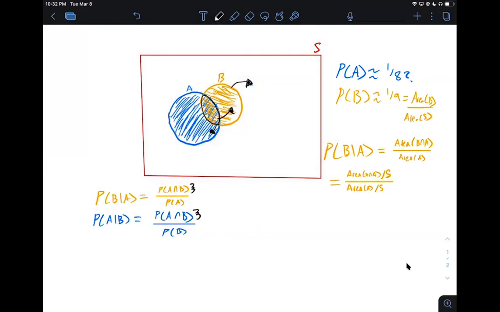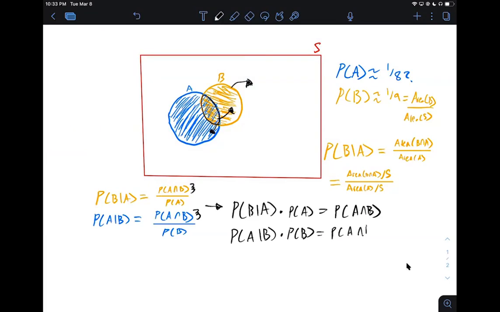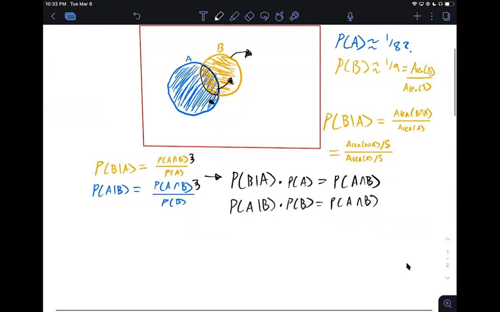And so we can rearrange these formulae like so by isolating the probability of A and B. So we can say that the probability of B given A times the probability of A equals the probability of A and B. And the probability of A given B times the probability of B also equals the probability of A and B. Okay, now we can set these equal to one another. And let's be lazy and just do this.